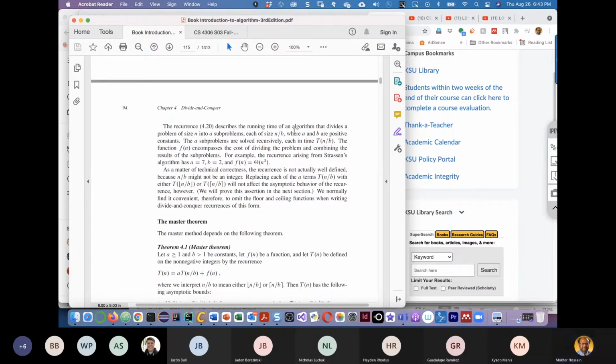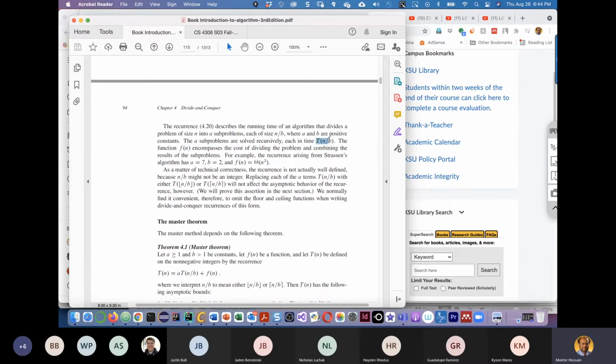Each of size n by 2, that is n by b. Here a and b are positive constants. There will be a subproblems that will be solved recursively, and each will take time T(n/b), because we are dividing by b.